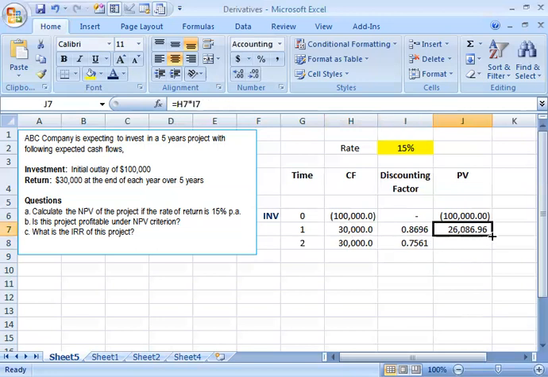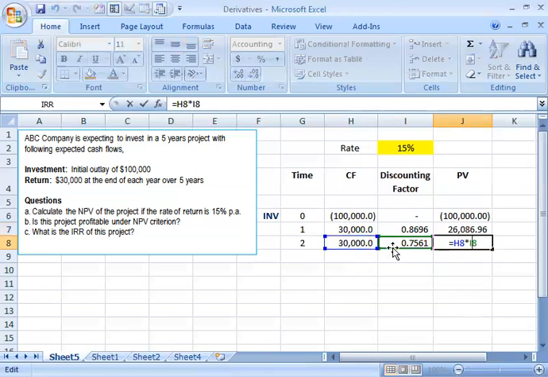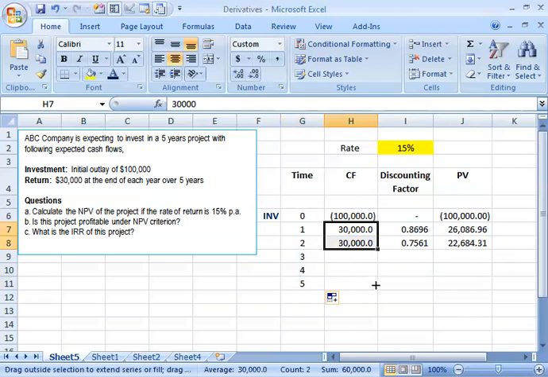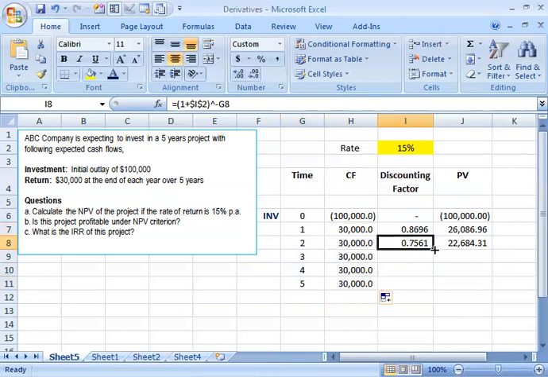If we keep dragging this formula to the second year, now you can see this has been multiplied by this discounting factor. Similarly, since there are 5 cash flows, we can drag this up to 5, and this also to 5, since this is a fixed value that is not getting changed, and this formula also to 5.